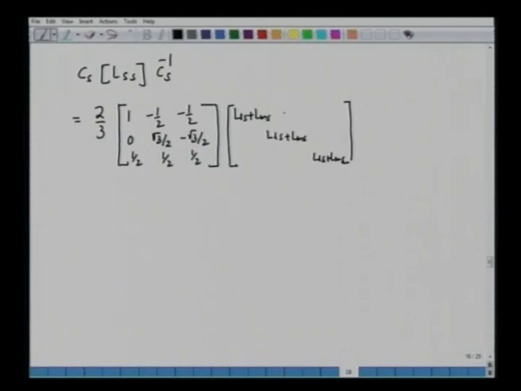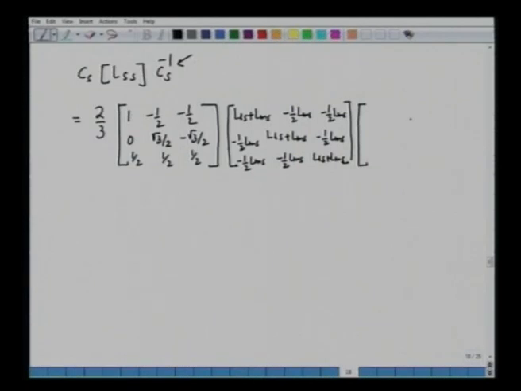Now, the mutual terms are minus half LMS, minus half LMS, minus half LMS, minus half LMS, minus half LMS, minus half LMS. So, these are the mutual inductance between the two phases of the stator, stator A and stator B, and then we will post multiply this inductance matrix by CS inverse. This is the CS inverse.